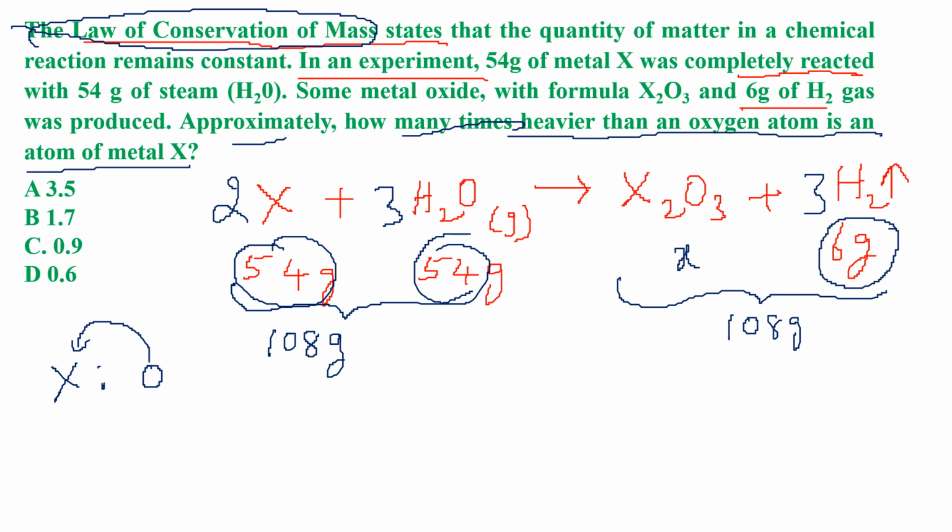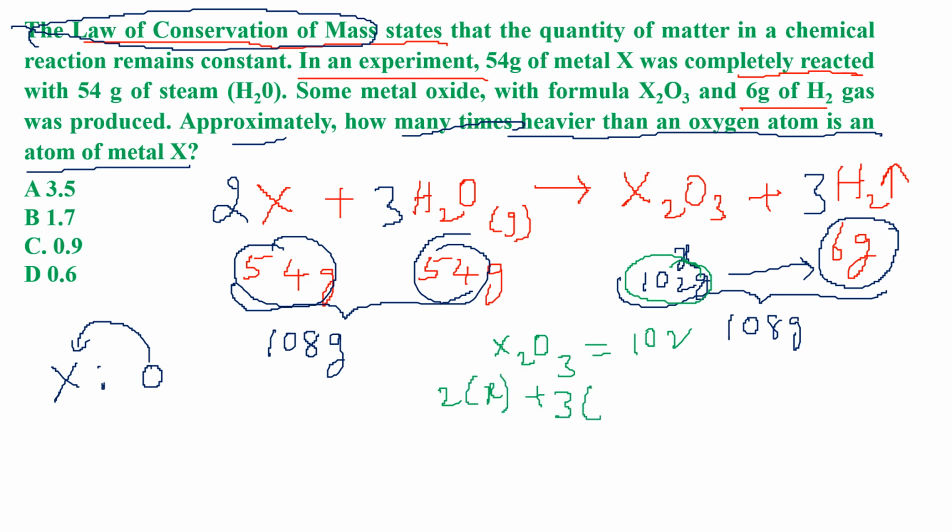So here 102 grams, because 102 plus 6 grams you will get 108. Then indirectly, X2O3 is equal to 102 grams from this information. Then 2 into X, which you don't know, plus 3 into 16 is 102.